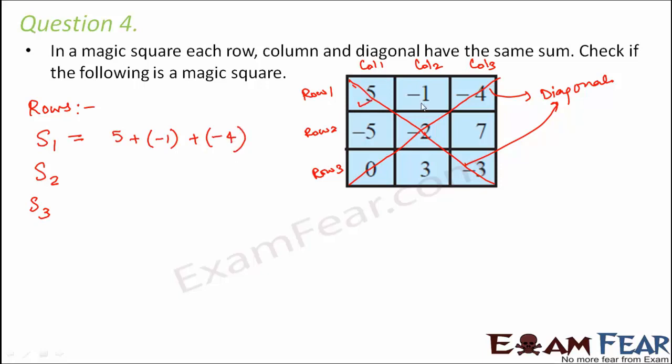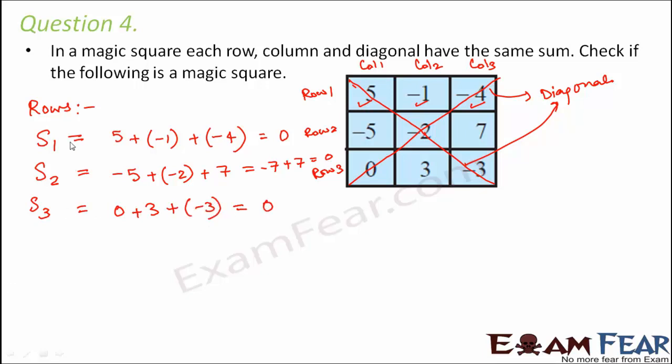So this is equal to 0. Let us find out the sum of row 2. Minus 5 plus minus 2 plus 7. So here minus 5 plus minus 2 would be minus 7 plus 7, which is equal to 0. Row 3 would be 0 plus 3 plus minus 3. This is also equal to 0. So we see that the sum of all the rows is 0.